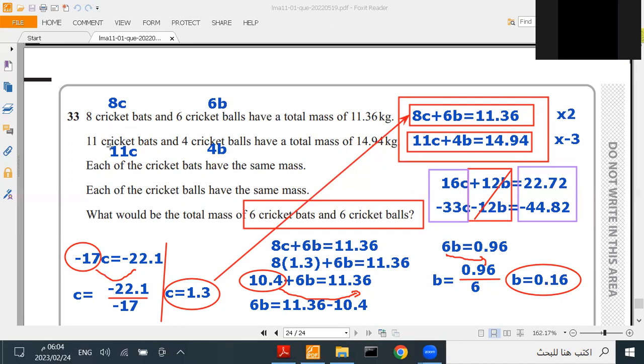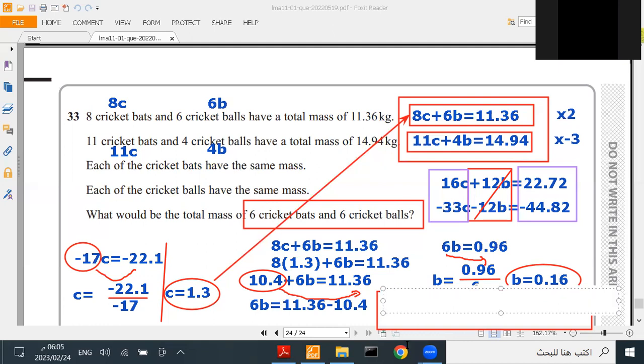Now we have found the mass of a cricket bat and a cricket ball. Now he needs the mass of 6 cricket bats and 6 cricket balls together. So I'm going to substitute these masses here and I will find the answer. The end answer: he wants 6 of these and 6 of these added together.